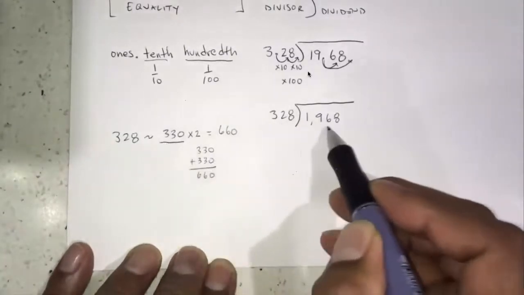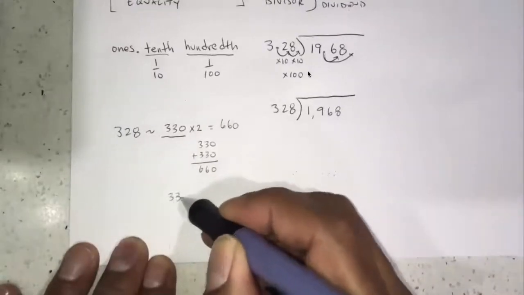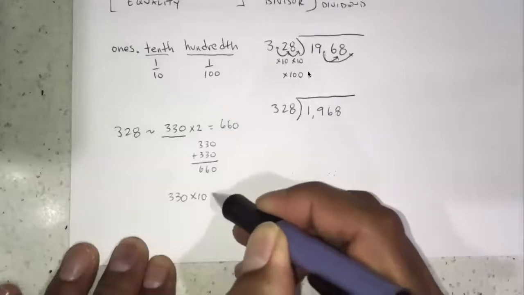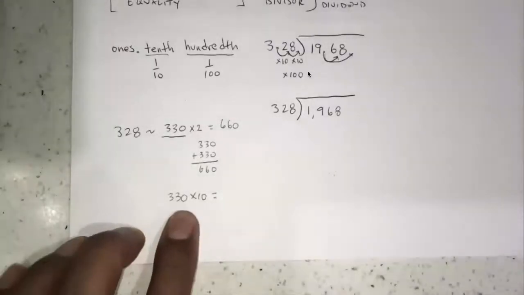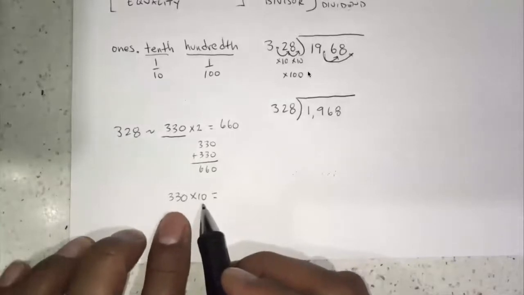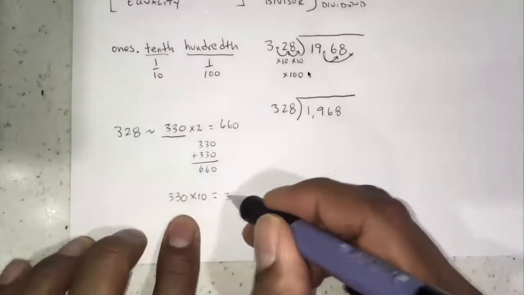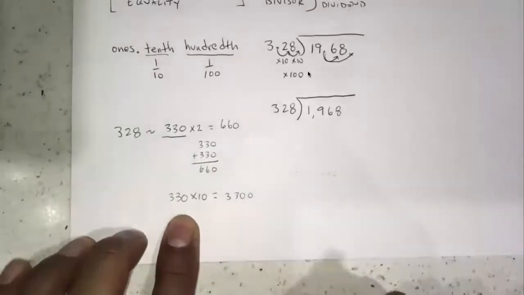That's too low. The next thing that I do is use my approximation and multiply it by 10. We should remember what happens when we're multiplying any number that ends in a 10. We simply ignore it and just add it at the end.